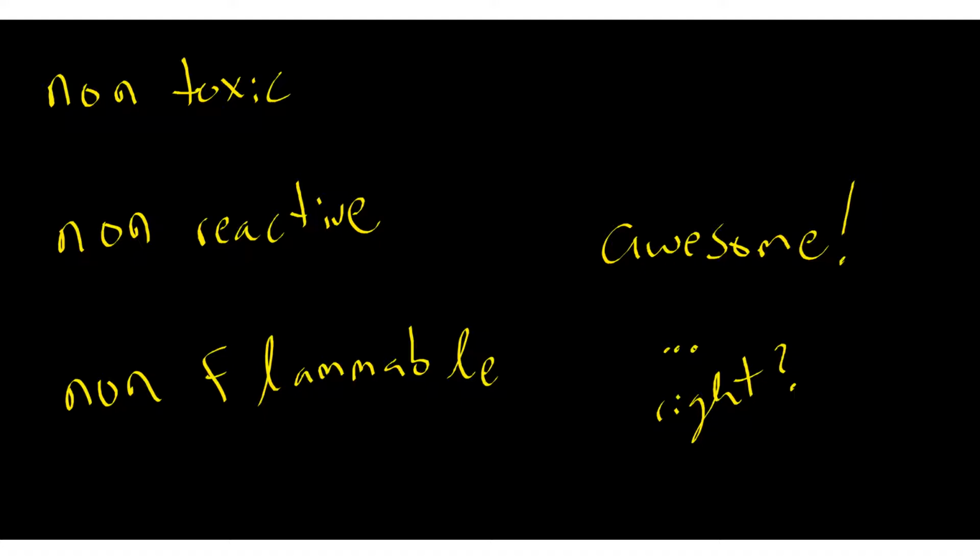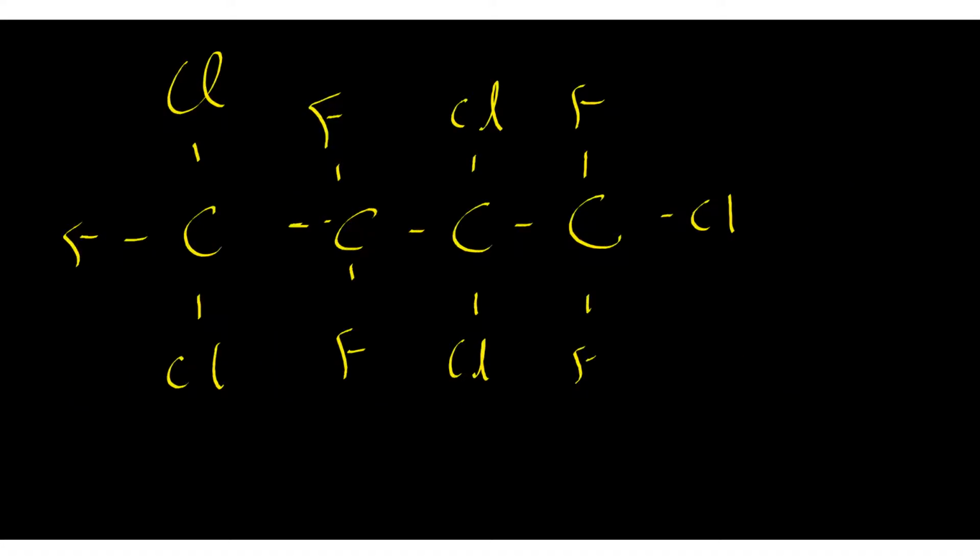You'd find them in refrigerators and air conditioners, or in hairspray and so on, because they have low reactivity. In a way, these seemed perfect when they were discovered, because they're non-toxic, they're non-reactive, and they are non-flammable in and of themselves. They have low flammability.